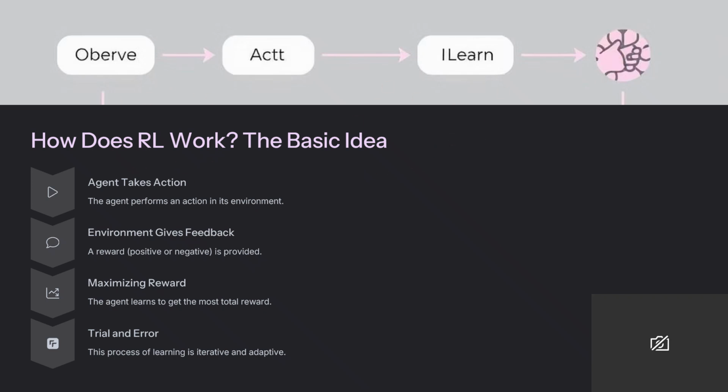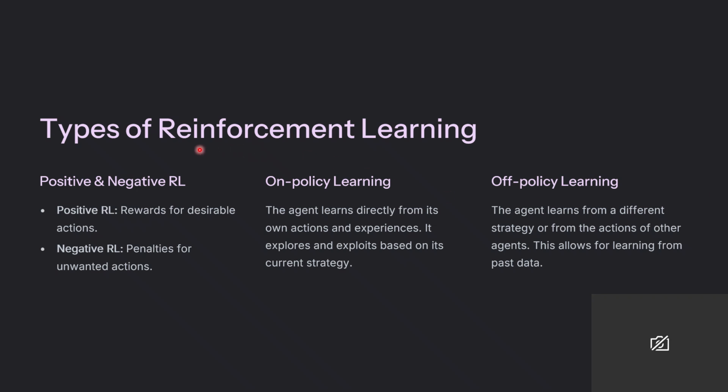So next we are learning the types of reinforcement learning. There are mainly two types. First is positive and second is negative. Positive reinforcement is when we give a reward for a good action. For example, if the agent wins a game, it gets points. This encourages it to do the same thing again.